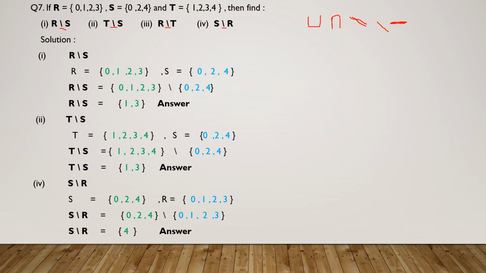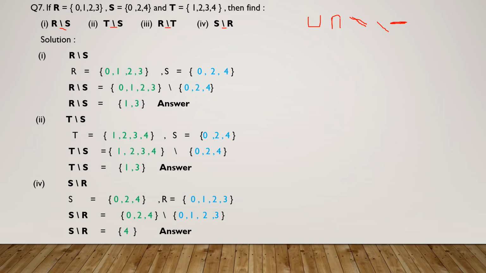Now we will find R minus S. For this purpose, first of all, we will write the elements of set R, then the sign of difference, and then all the elements of set S. Now we will find the difference.